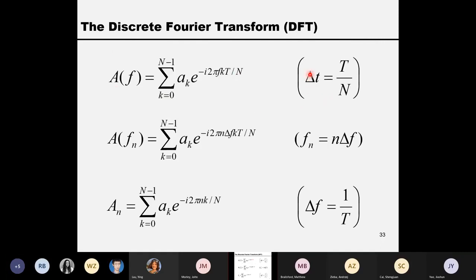If we know exactly delta t equals the total recorded time, which is capital T, and we have n samples, digitized into n samples, so delta small t equals capital T divided by n. So you can simply replace this delta t with T divided by n here, right?